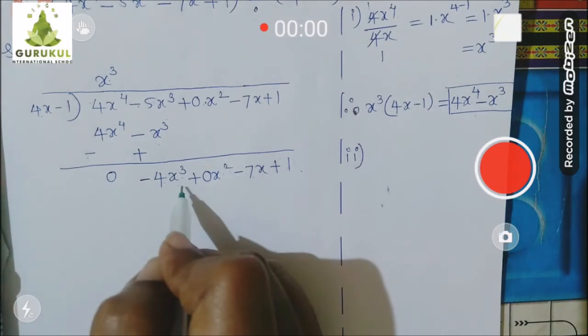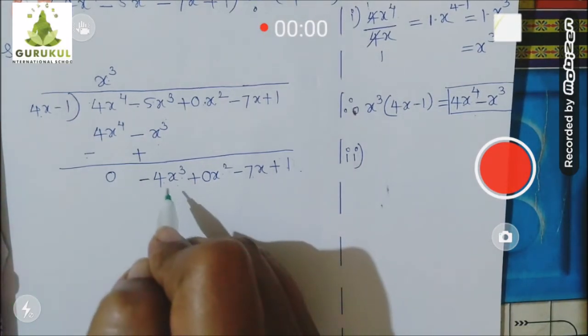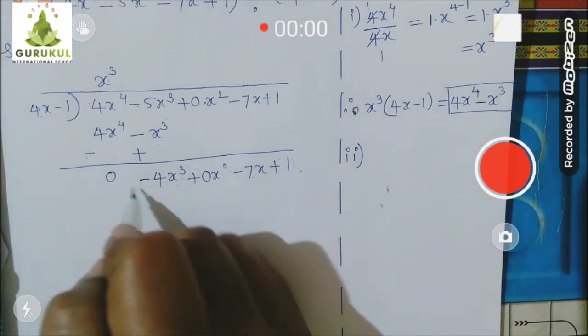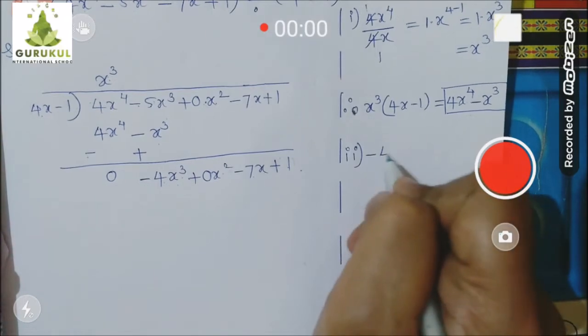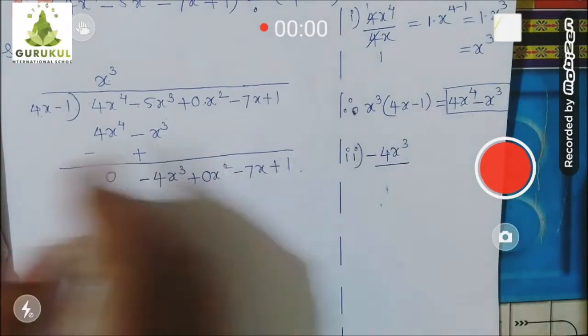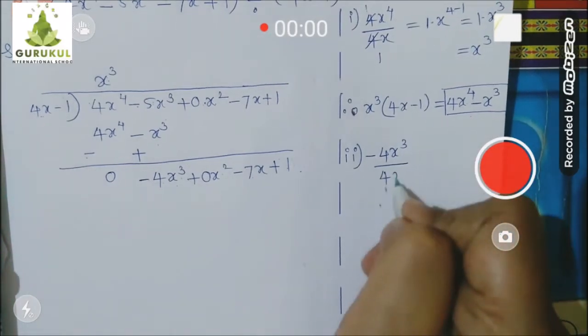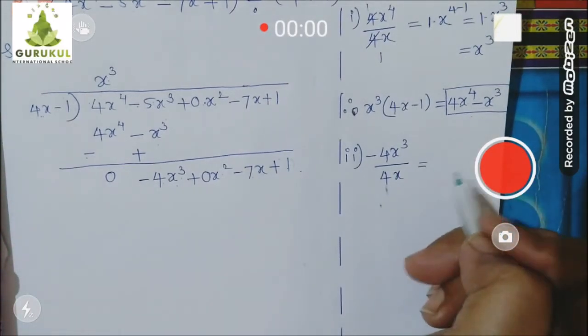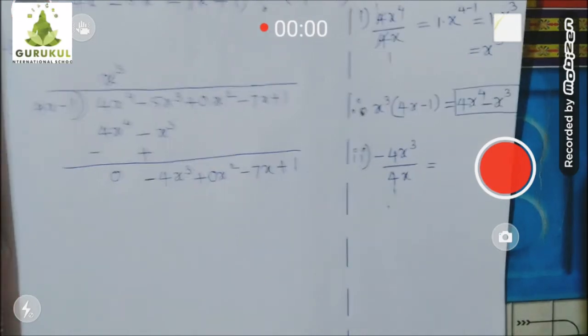So this is greater, so you can continue the division. Now start dividing again the same way. Which term contains the highest power? This term. So take it for division. Divided by, from the divisor which term contains the highest power? 4x. Divide, and you will get the answer. Children, we will continue this example in the next video. Thank you.